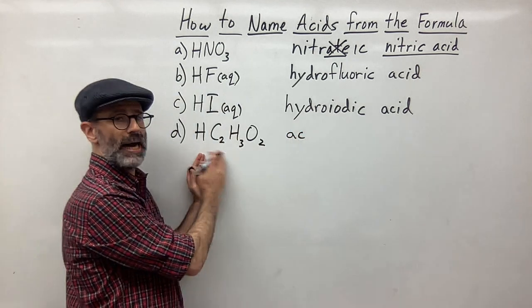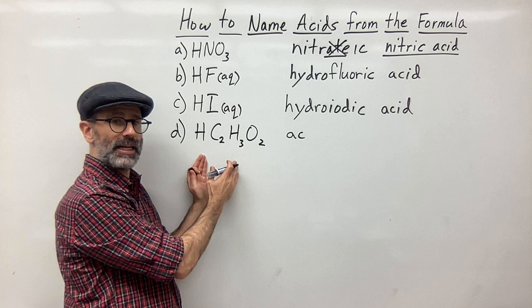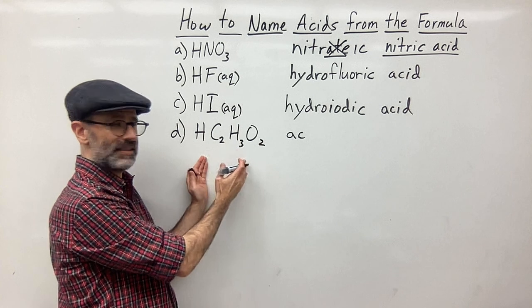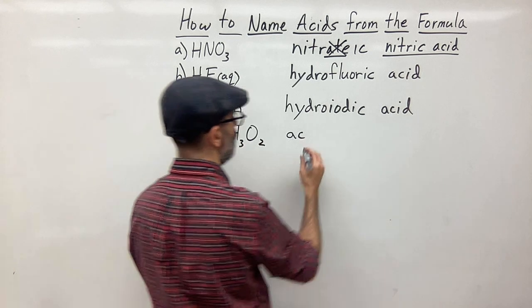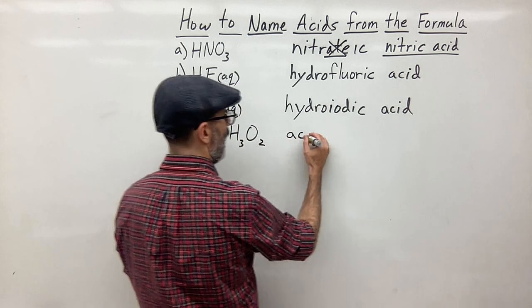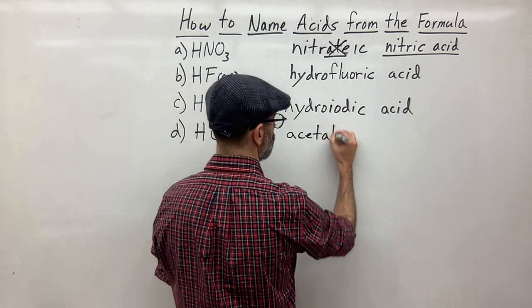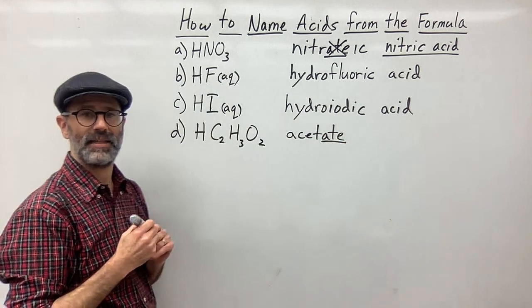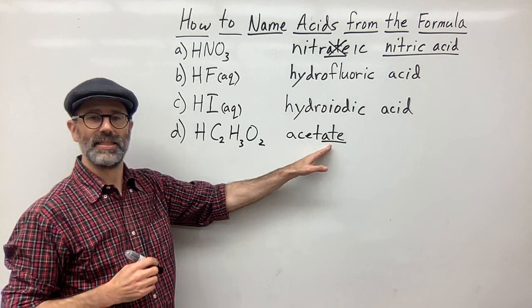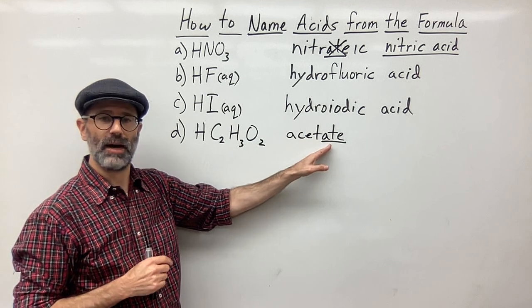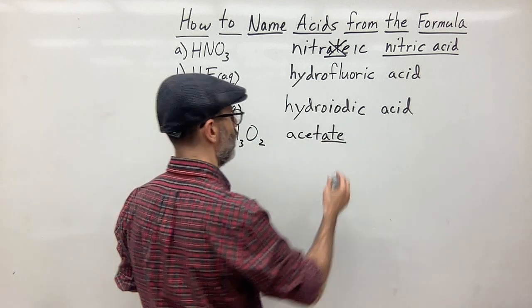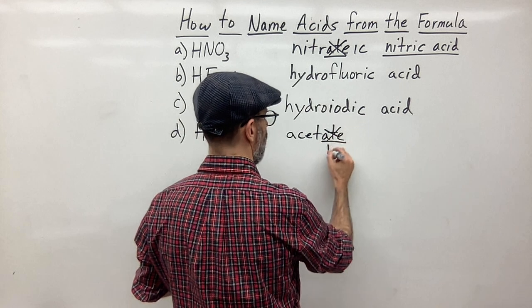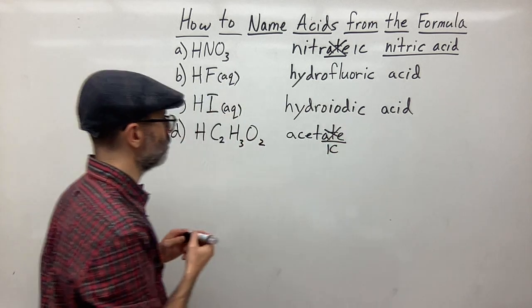So again, no hydro here because it's not a binary acid. It's an oxyacid. You got a polyatomic ion. So it would be acetate. And again, notice the ATE ending. So because it ends in ATE, we're going to replace that with IC. So you get rid of the ending, add IC.